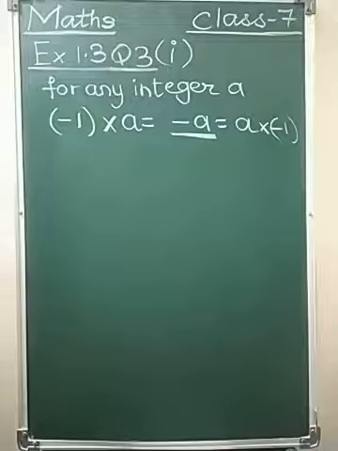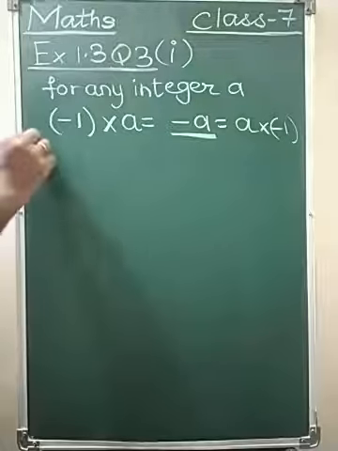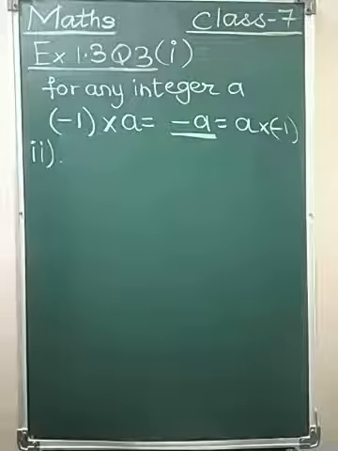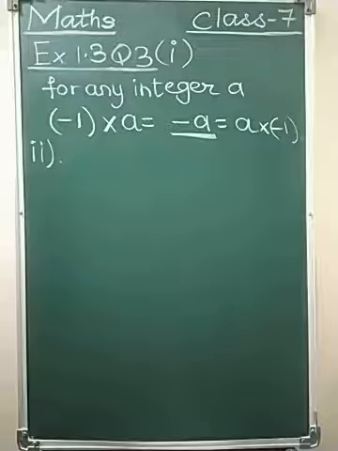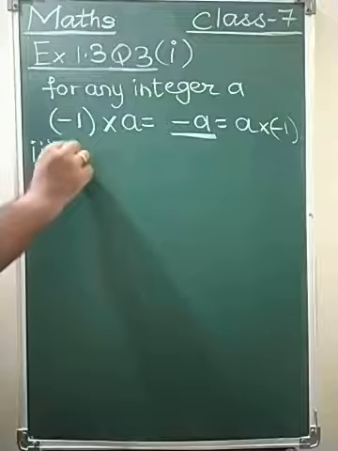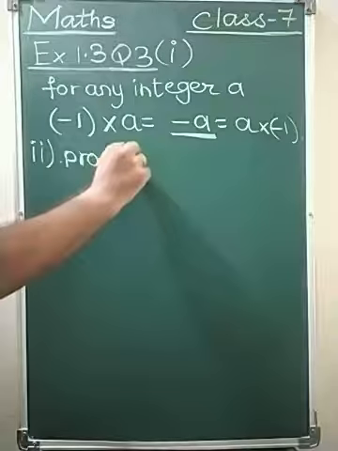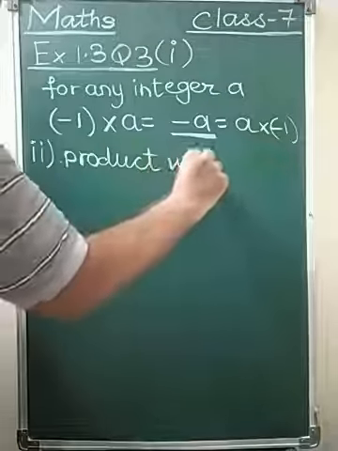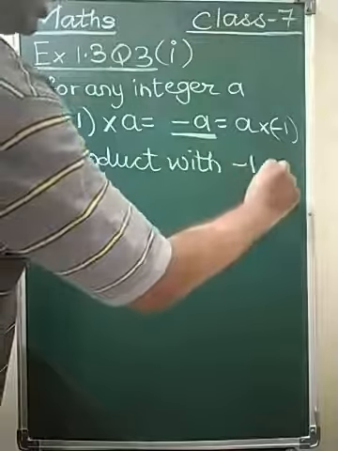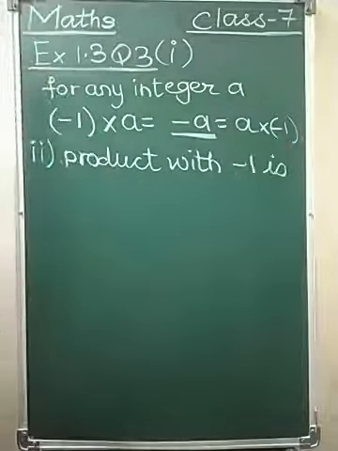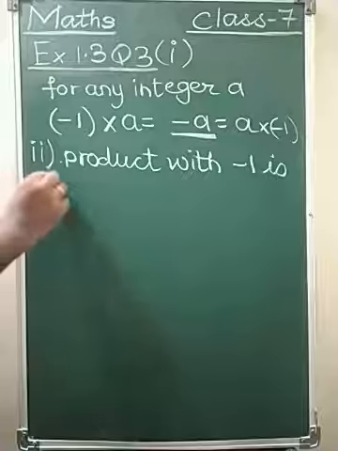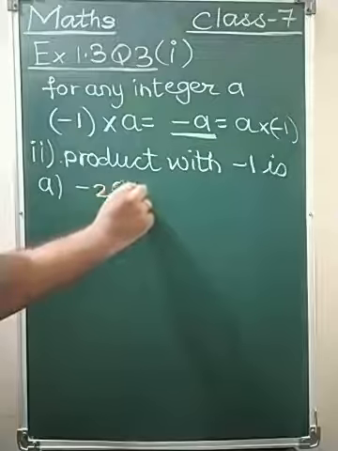Okay. So let us see the second sum now. Determine the integers whose product with minus 1 is minus 22.